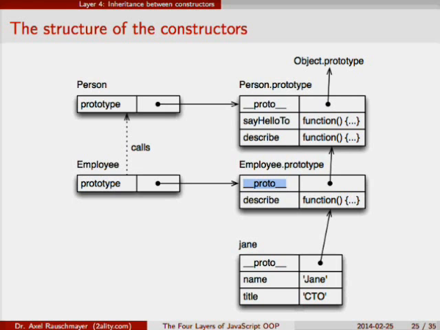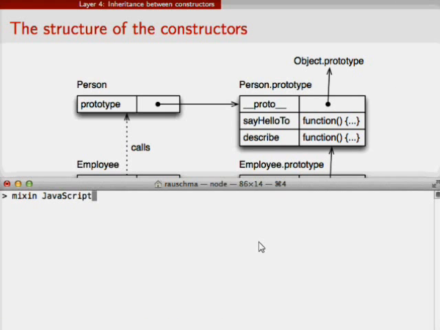All right. Next question, from Nandu. Are prototype chains similar to abstract classes in other programming languages? Very much so, yes. There's an interesting paper called Organizing Programs Without Classes.